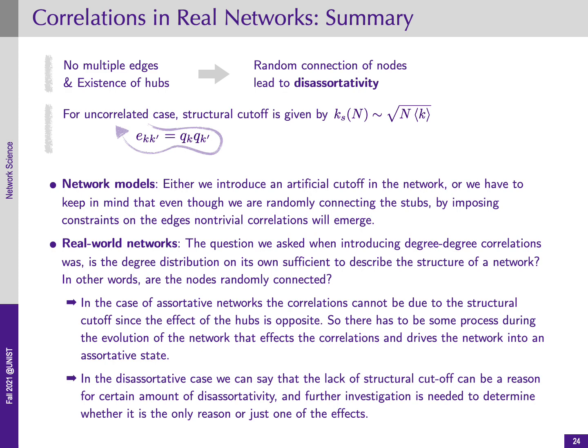But on the other hand, in the disassortative case, you have to be careful to check whether this disassortativity actually comes from the structural disassortativity or reflects any genuine origin. Okay?